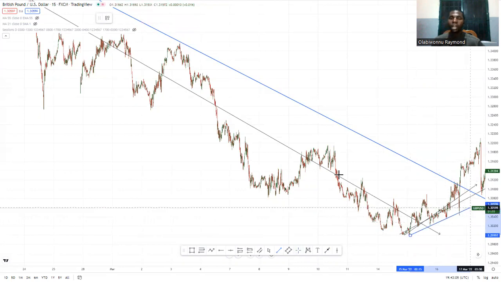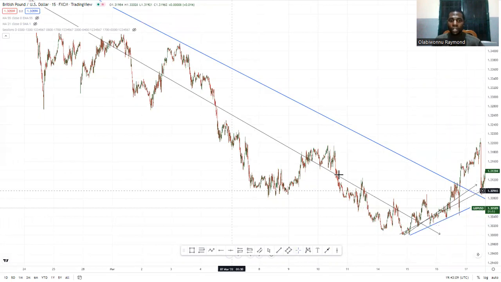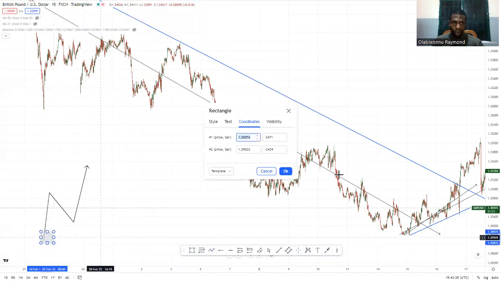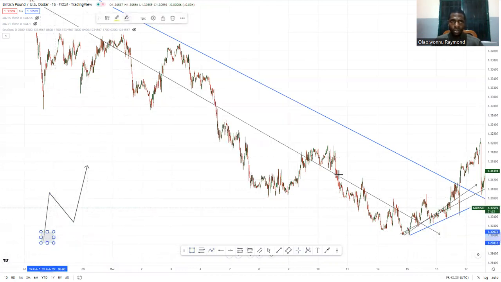Before I continue, let me give you this tip before I move on. Whenever you are connecting a trend line, always find at least 2 or 3 peaks or troughs. So what I mean, if the market is coming like this, doing like this, doing like this, sorry, let me change that color.